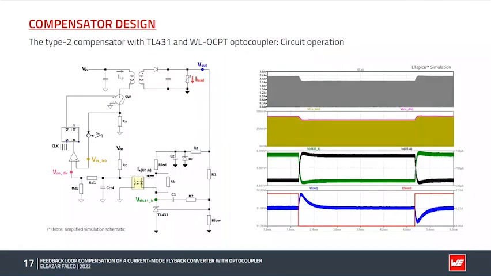Let us see now how the compensator circuit operates in closed loop and how the control loop reacts to regulate the output voltage in our current mode flyback converter.